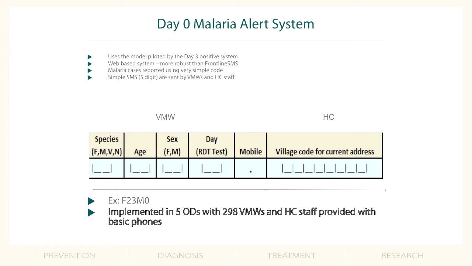The first part is the species of the malaria, the second part is the age of the patient, the third part is the sex of the patient, and the fourth part is the test. For example, we have a special study in Thailand, a malaria project, where we have to follow up the patient in 28 days.